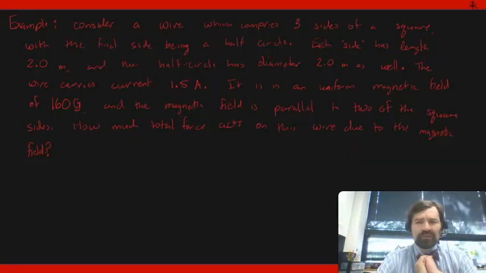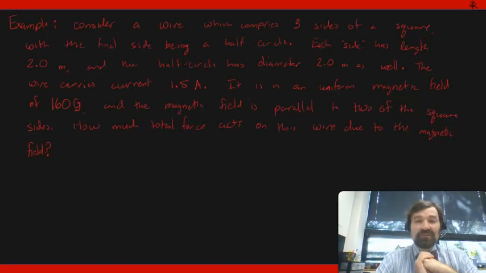Let's now consider a second example. This one is kind of wordy. So we have three sides of a square and then a semicircle that form a closed loop wire.